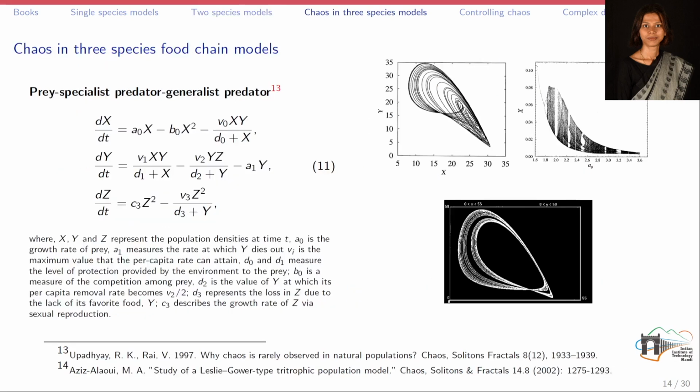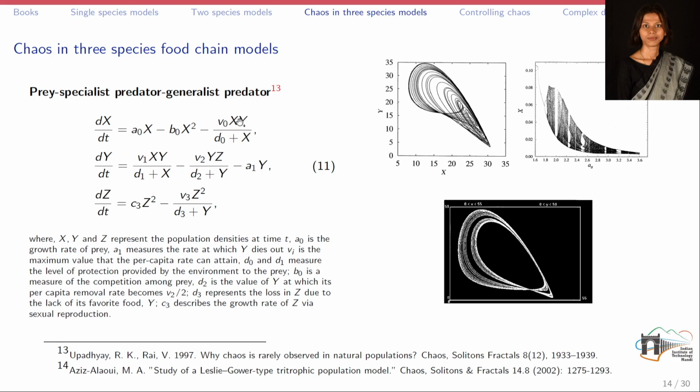So keeping this in mind, let us move to the 3 species food chain model. I'll just talk about 1 or 2 of the very popular 3 species food chain models, and then I'll come to one of the 3 species mathematical models that our research group has studied.